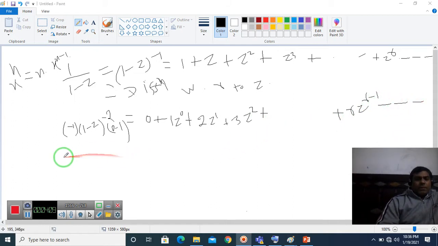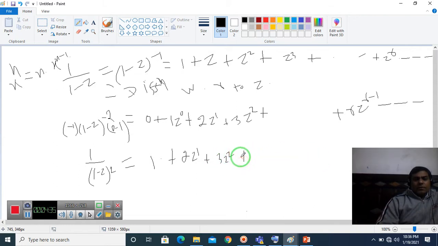So this becomes 1 upon 1 minus z to the power 2 equals 1 plus 2 z to the power 1, plus 3 z to the power 2, and so on, plus r z to the power r minus 1.